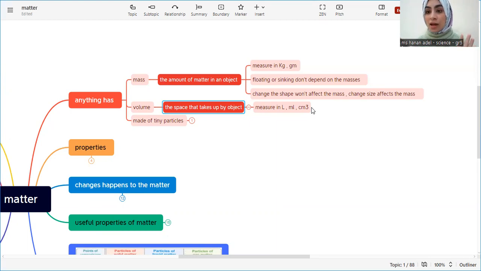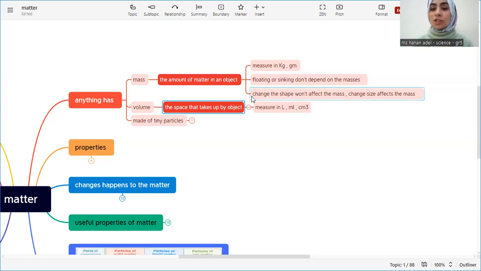So it doesn't depend on the size. Even if I have something heavy like a ship, it will float. If I have something small like a stone, it will sink. So whether the thing has big mass or small mass, mass does not cause floating or sinking. It happens by another property, but we will not study it. This is the second point here.